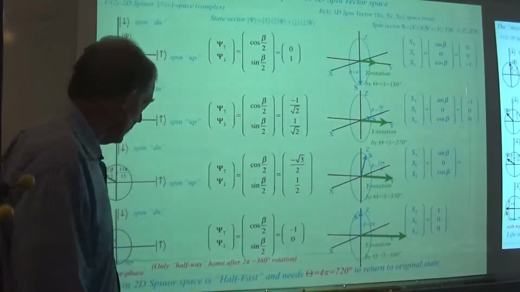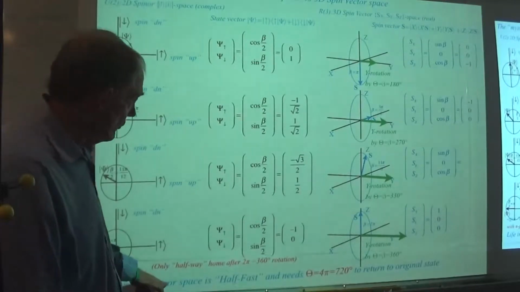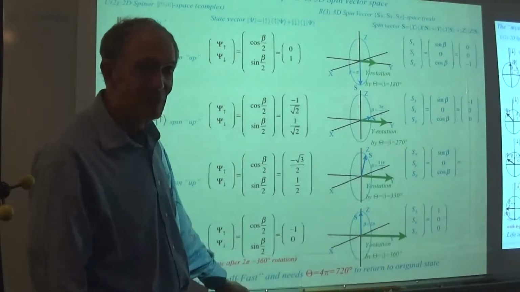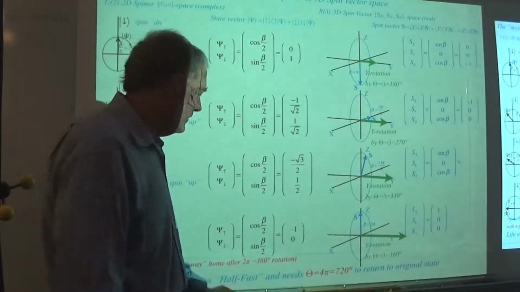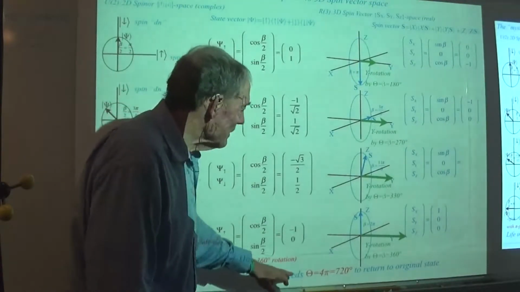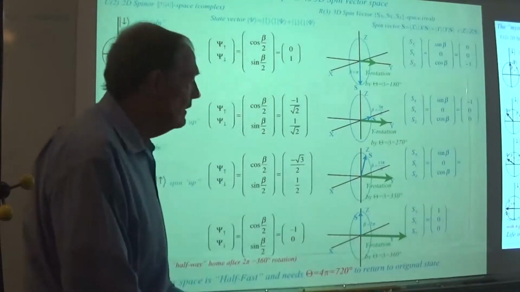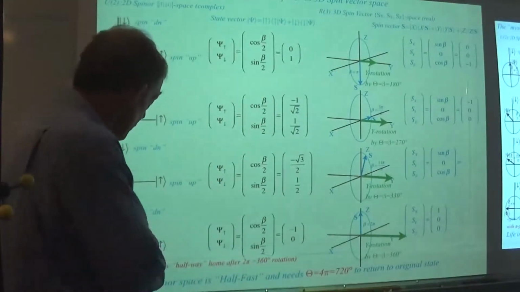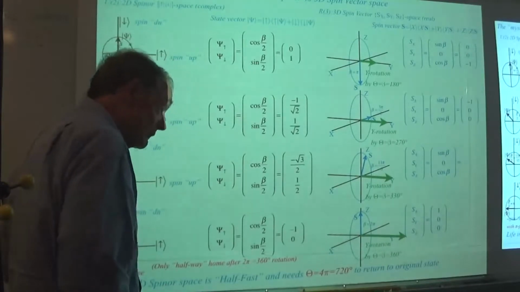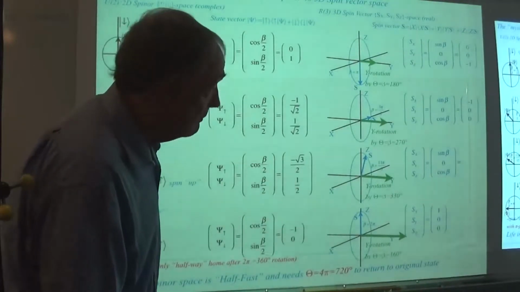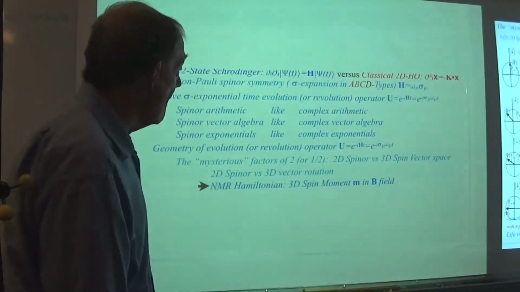So I like to say it, life in the 2D spinner space is half fast. Okay, like some of the administrators around this place. Anyway, the full angle, 4 pi, 720, is needed to return to the original state. That's how much of a rotation in 3 space you've got to do to complete that.